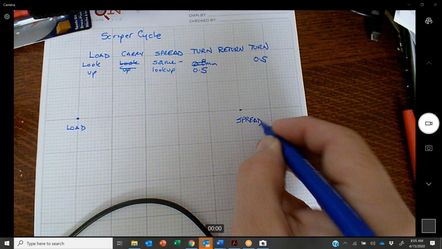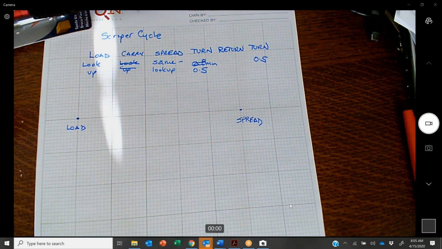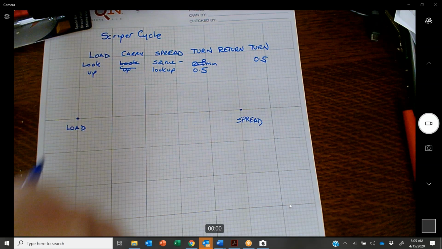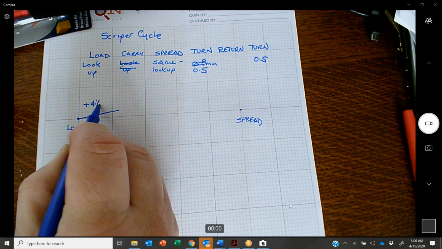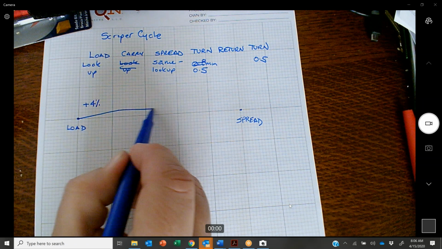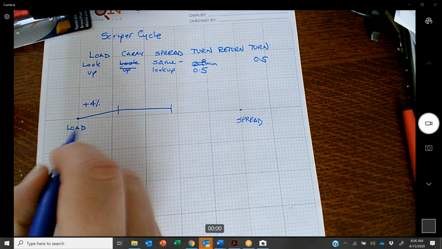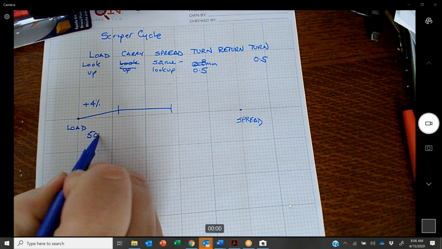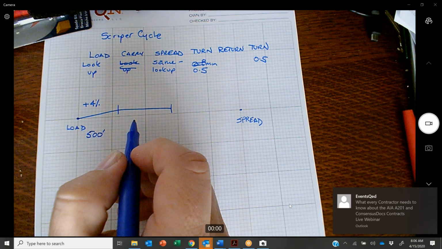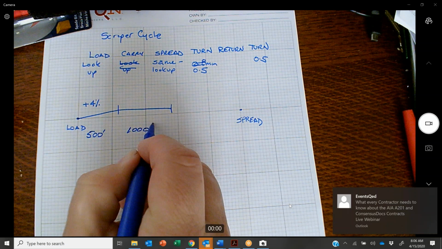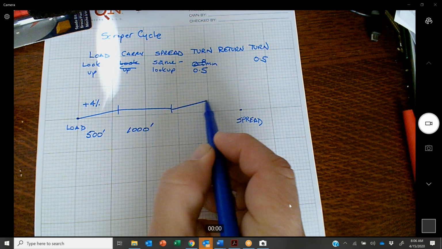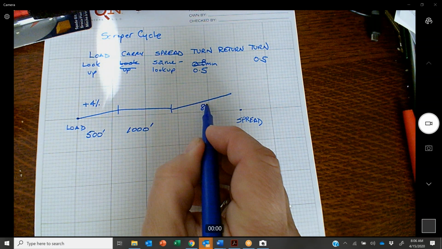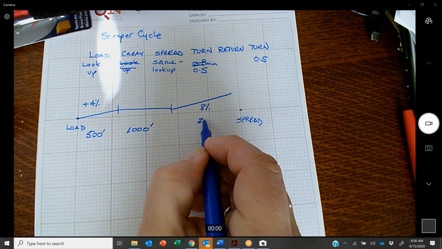To give you an example of what it might look like, we load, we're going to go uphill 4% for 500 feet, then level for 1,000 feet, then uphill 8% for another 2,000 feet.